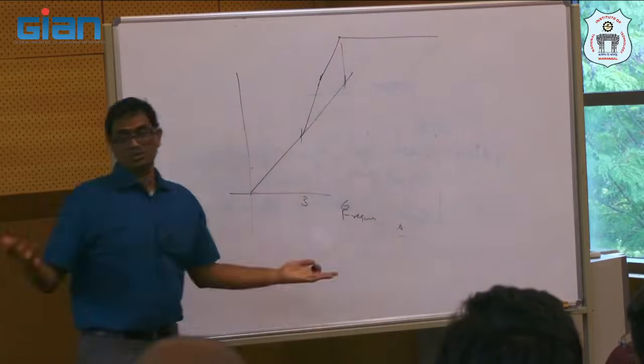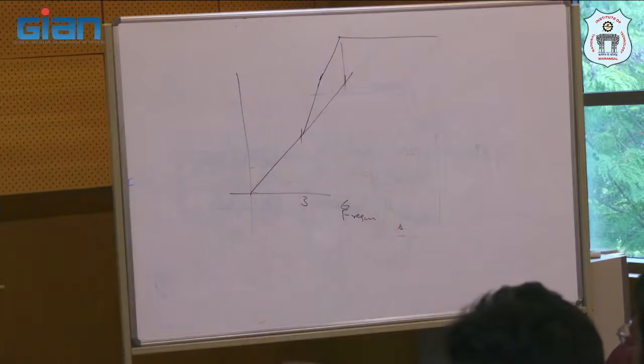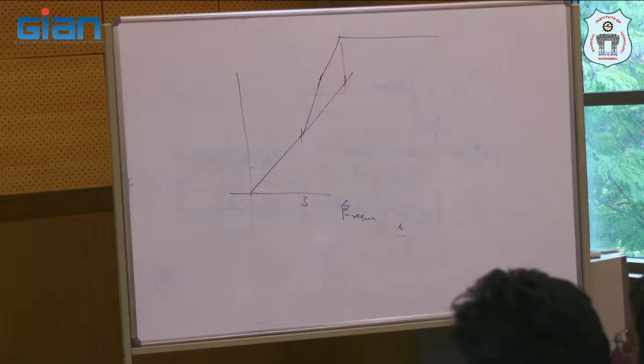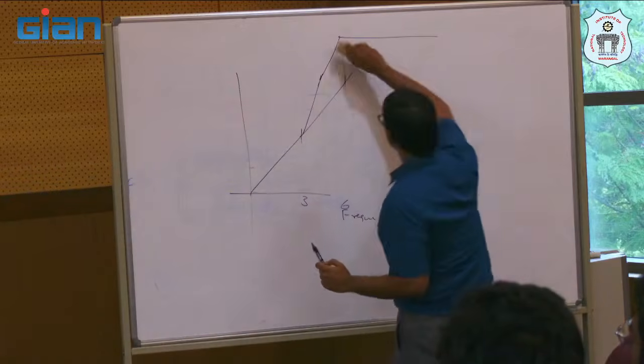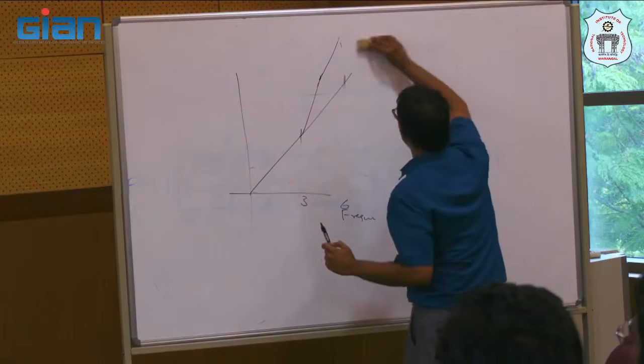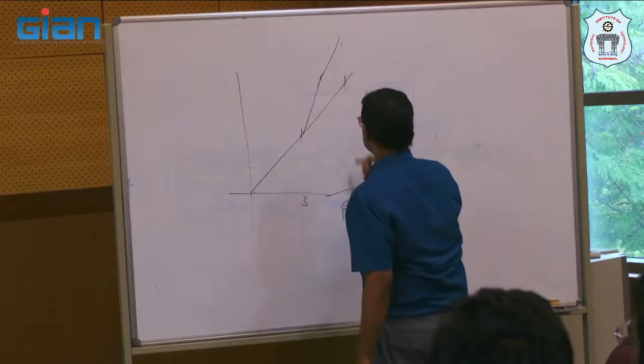There's only so much buses can do, right? If you're getting 12 buses or 15 buses, maybe it doesn't matter after a point. So you will hit the maximum at a particular point. After that, it just tapers down. There is no additional benefit. So at a particular stop, if you get 7 buses or 12 buses, it's the same effect as getting 6 buses. So this could be a potential case. What we are doing there is we are saying the slope changes at 3, and at 6 it changes.